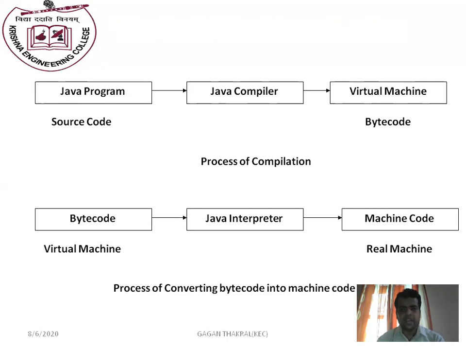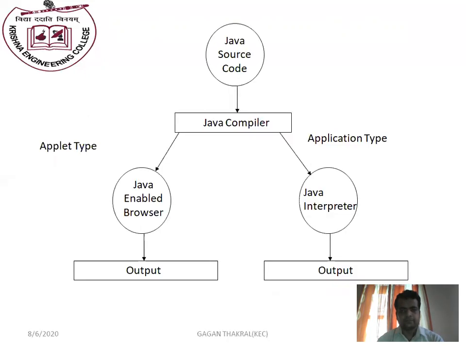Bytecode is generated with the help of the Java compiler, and machine code is generated with the help of the Java interpreter. Java source code is converted into bytecode with the help of the Java compiler. Sometimes it is executed with the help of the Java interpreter, and sometimes with the help of an applet viewer or browser when we use an applet program in Java.